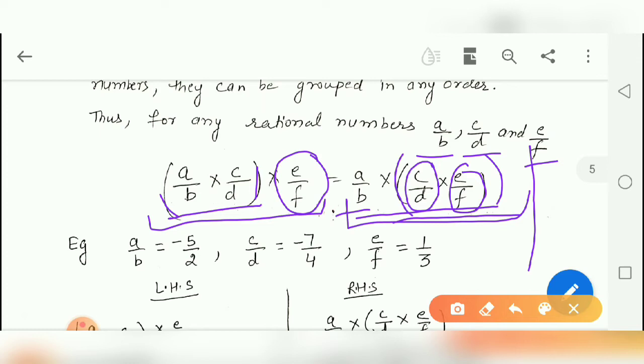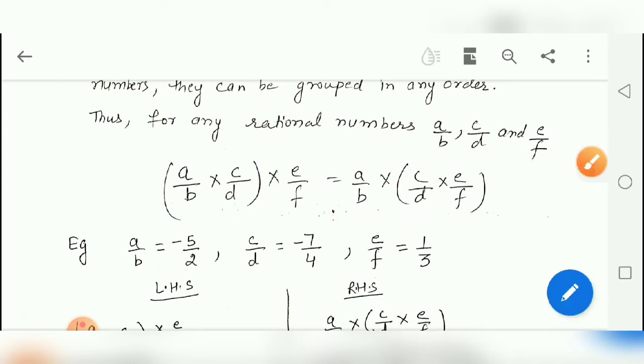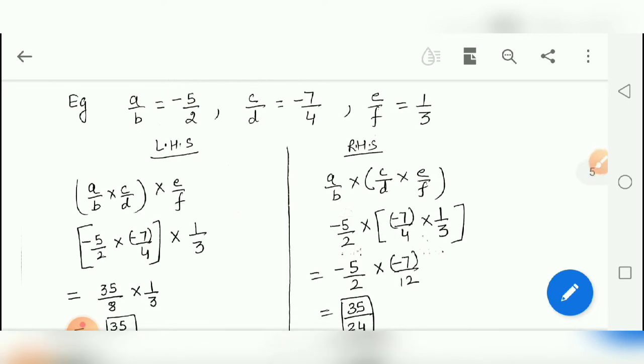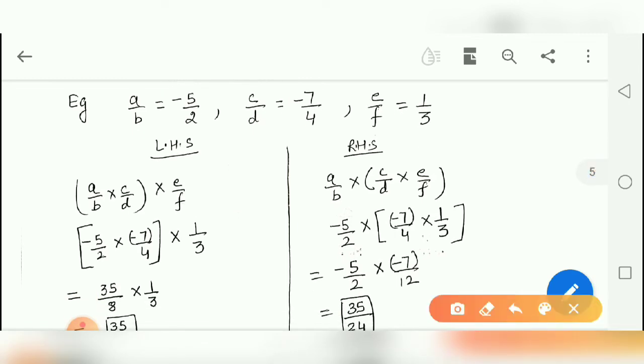Let us understand this with an example. If a upon b is negative 5 upon 2 and c upon d is negative 7 upon 4 and e upon f is 1 upon 3.